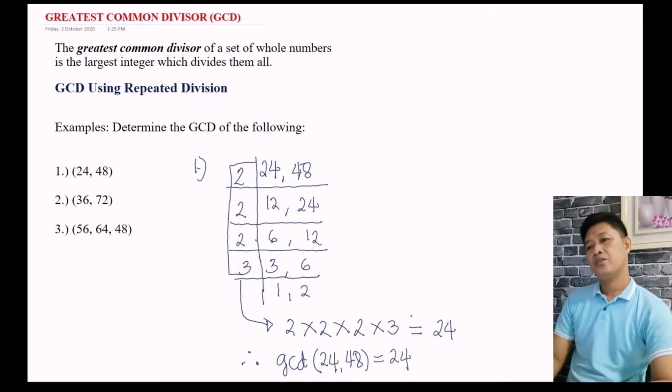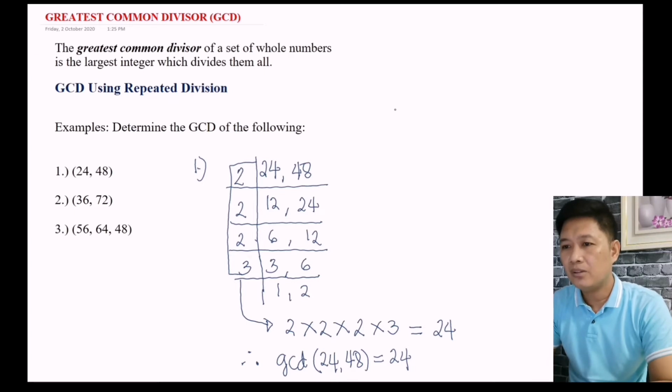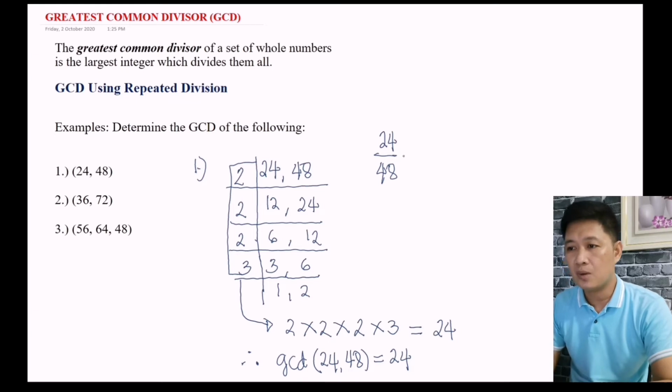So anong gamit niyan? Let's say for example, meron tayong fraction na 24 over 48, and i-simplify natin ang fraction na ito. Alam naman natin na ang ating greatest common divisor between 24 and 48 is 24.